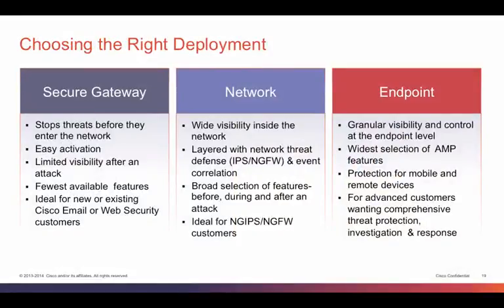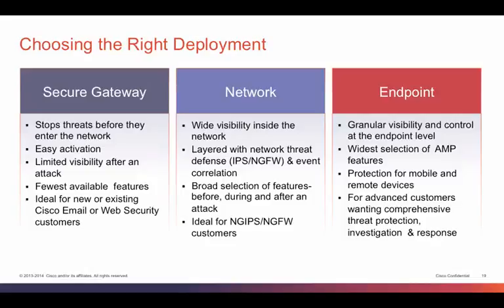So again, here's another way of looking at the different solutions that we offer. If our customers are just wanting to protect their ingress and egress points, we're probably gonna stick with the gateway solution, especially if they're already an ESA or WSA customer.